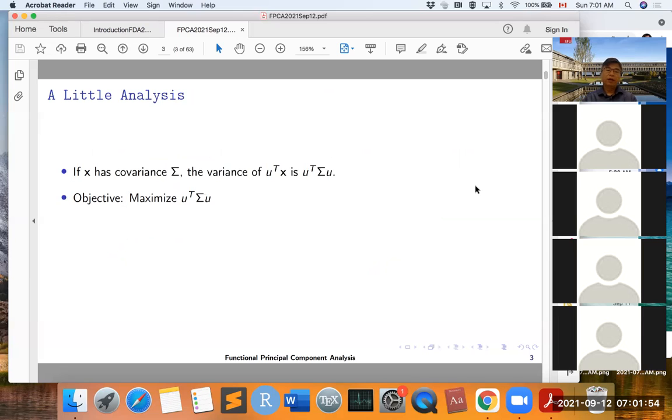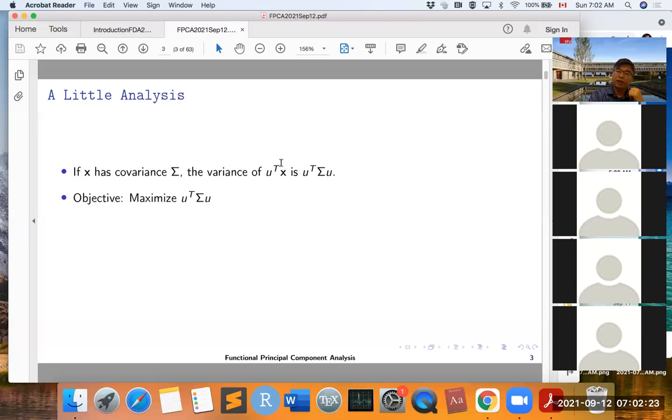Suppose we have a vector x. It's a vector of multiple variables, and we have its covariance matrix capital Sigma. And then we want to find a direction u. u is also a vector, so we want to project the vector x to the direction u.